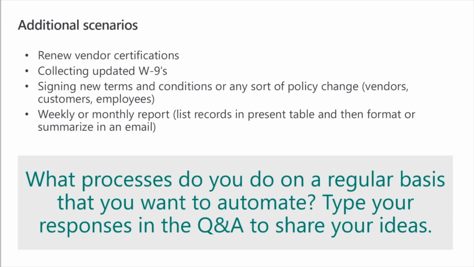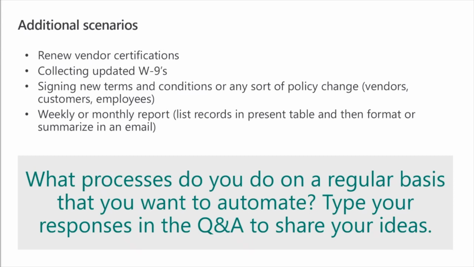Some other examples are renewing vendor certifications. A lot of industries require their vendors to maintain certificates, and they might have expiration dates. So you could automate the process of reminding those vendors to do that. Collecting updated W-9s. We need to get those new W-9s on a regular basis from our vendors. So sending out those emails and giving them a mechanism to send those back to us, and then attaching them into the system automatically.